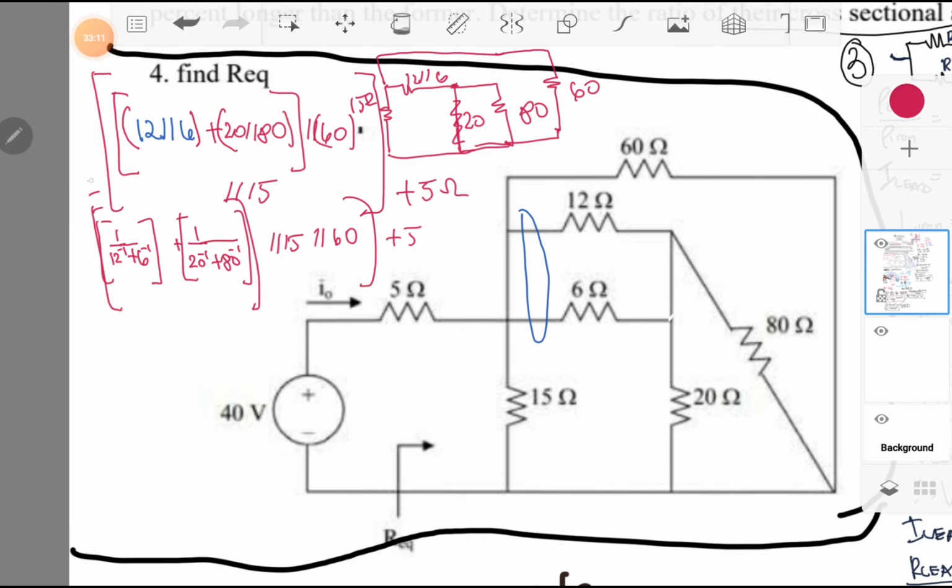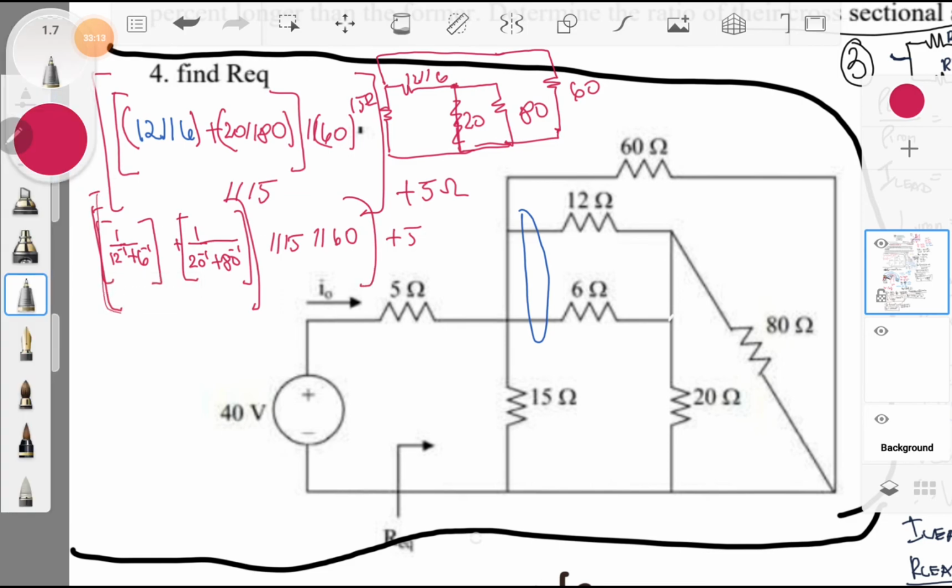So, kunin muna natin yung sagot niya. So, we have 1 over 12 over 6 is 4. Plus 1 over 20 raised to negative 1 plus 80 raised to negative 1 is 16. Ayan. So, later on, mapapansin mo na nakaparallel yan sa ating 15 and also to our 60.